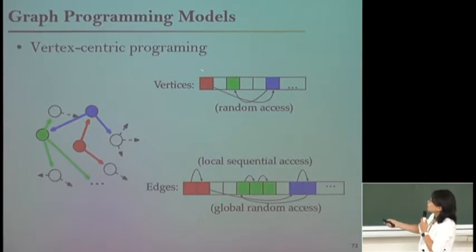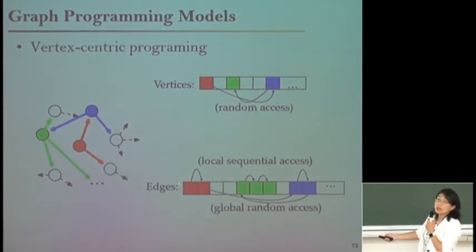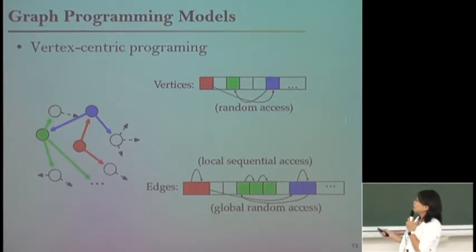For each vertex, we also store the related edges. For this vertex, for instance, the edge information will be stored in sequence, so this vertex will point to the edges. Within these edges, this is a local sequential access. However, from edge to edge information, globally, the access is still random.